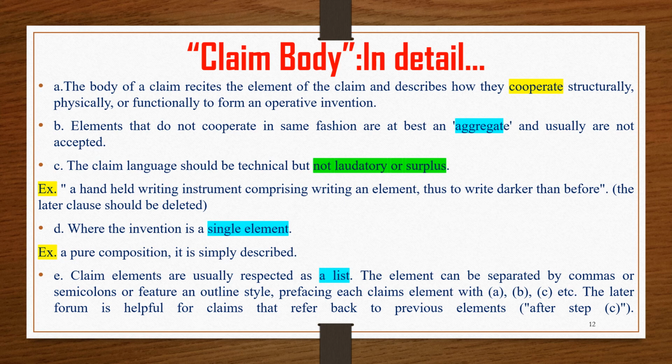So just remember the keywords that I have specially colored with yellow, blue, green, etc. so that by remembering these keywords, you can very well remember or recall the gist of the claim body.